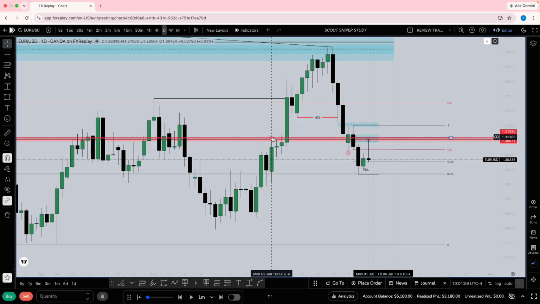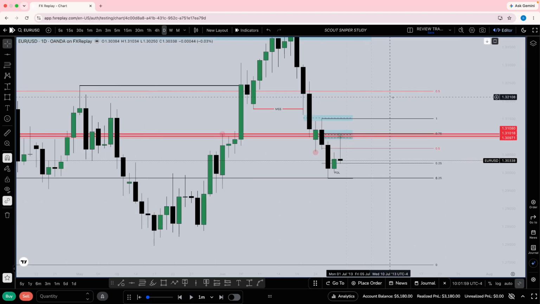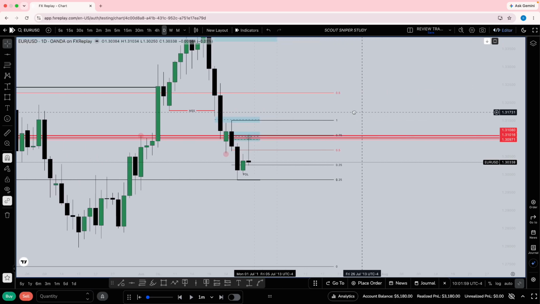So this level that sent price up, once price displaces through it down here, whenever price comes back to it on this end right here, we're going to be looking for this to act as resistance now. That's inverting functions. That's how support turns to resistance.